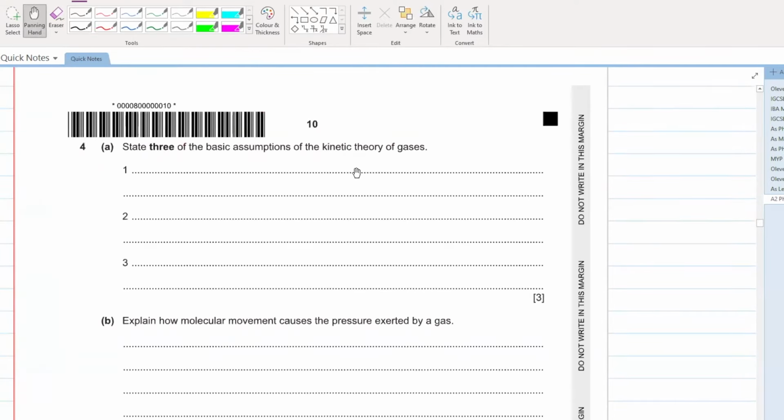State three basic assumptions of the kinetic theory of gases. What do you have to write here? Three assumptions of ideal gases. Can you guys write that? Very good, Wahab bhai. First of all, you will say collisions are elastic.